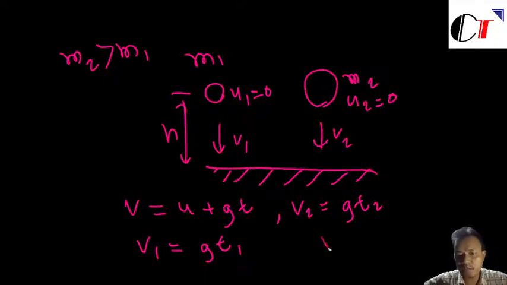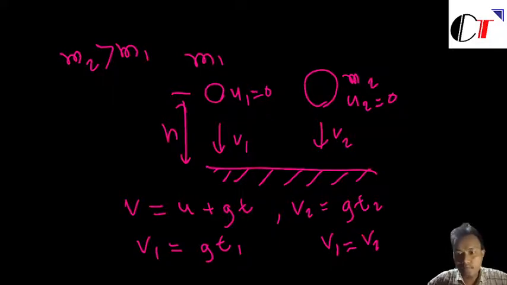So this means v1 and v2 will be the same at any time, anywhere along the path from the initial height to the ground. So this means when you have free falling objects, there's no effect from the masses. Even though they have different masses, they will take the same time to reach the ground, and at any point, any time along their path of motion, the two speeds will be the same.